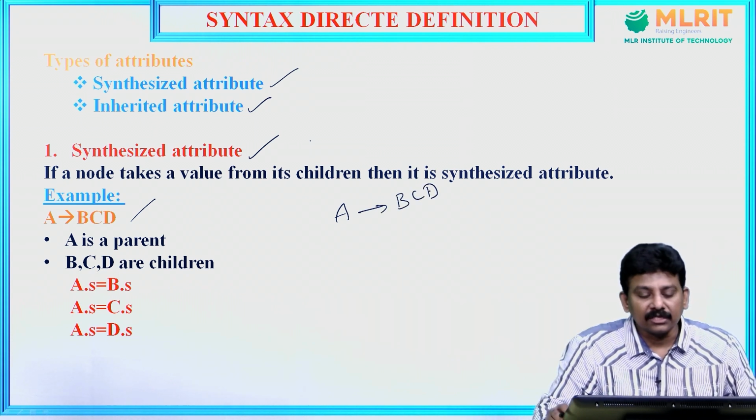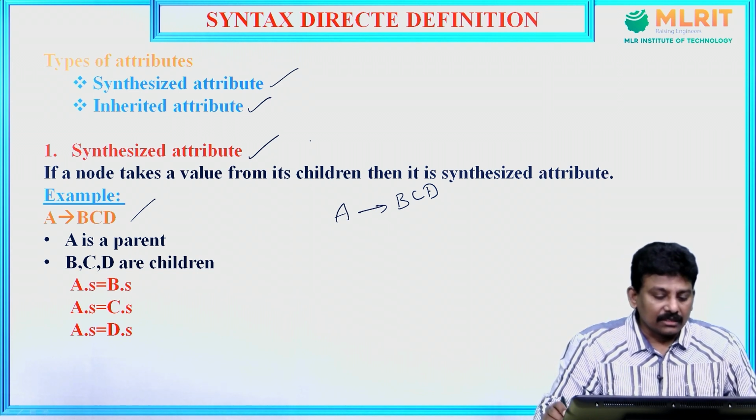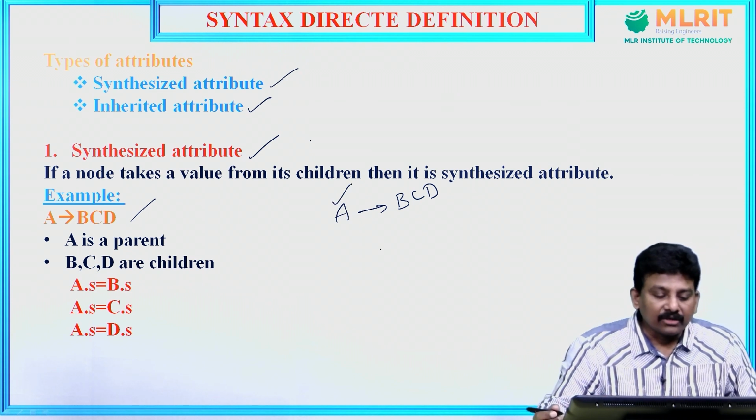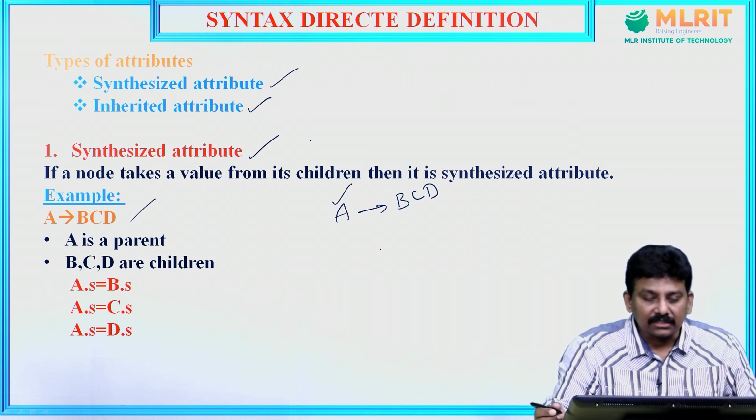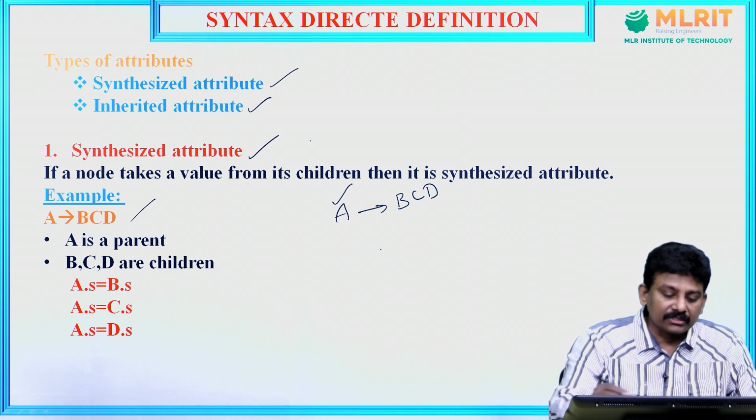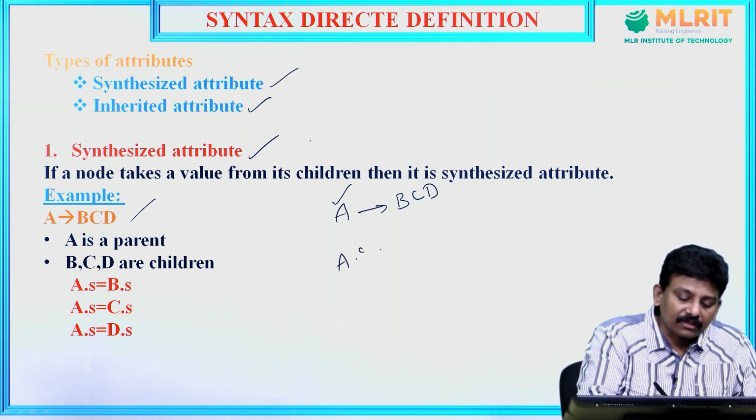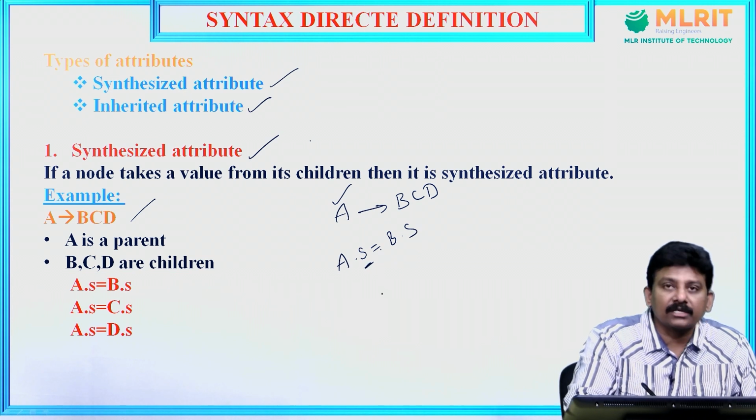Node A takes values from its children B, C, D, so it is called a synthesized attribute, that is A.S equals B.S. Here S is a synthesized attribute.